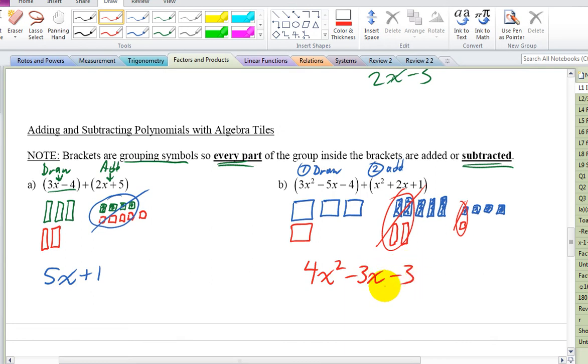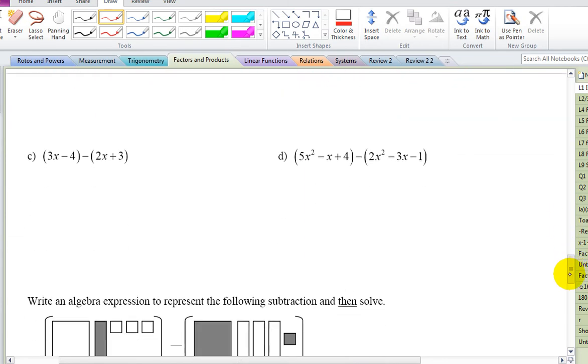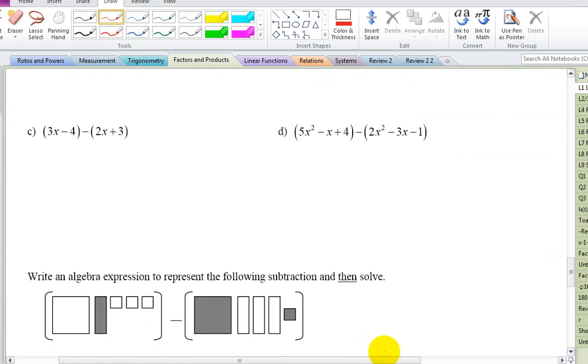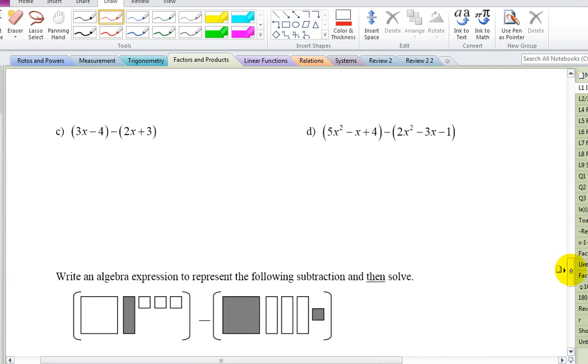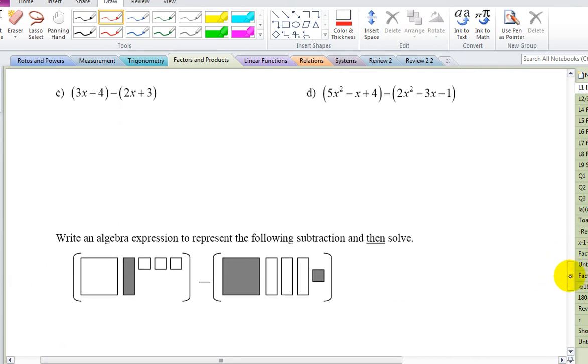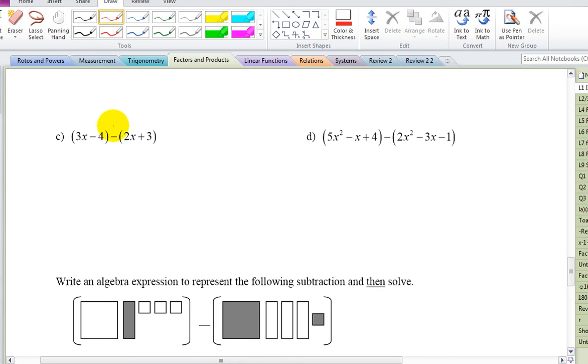Thumbs up down in the middle. Good. Okay. Adding, you can't go wrong. And then there's this stuff. Boo. Subtracting. Boo. Okay. So what we have to do is we have to make sure that we subtract a positive 2x and we subtract a positive 3. The subtraction must occur to both parts.